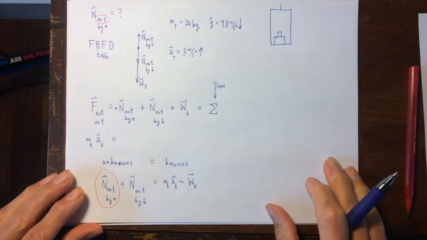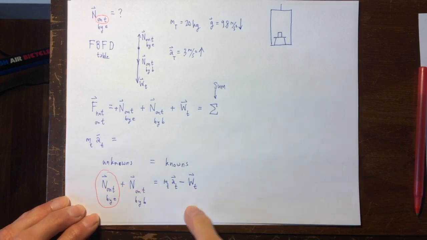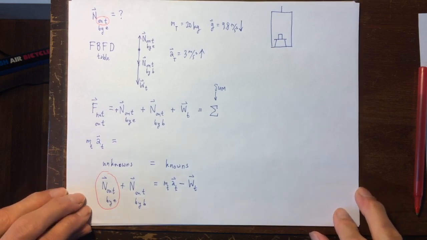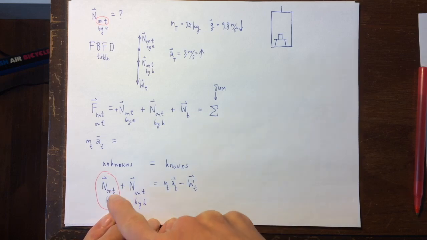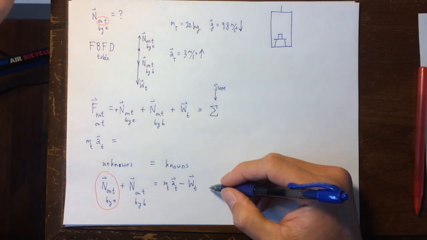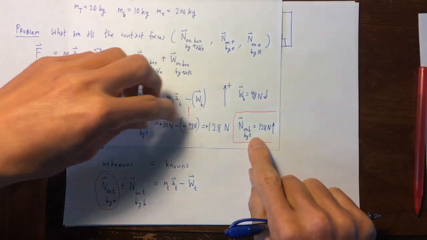So the problem is, I've got two unknowns and only one equation, and you know from your algebra class that that doesn't lead anywhere. Well, it does lead somewhere, but it's not going to lead all the way to giving a vector value for this.